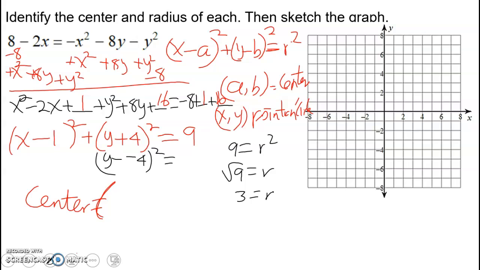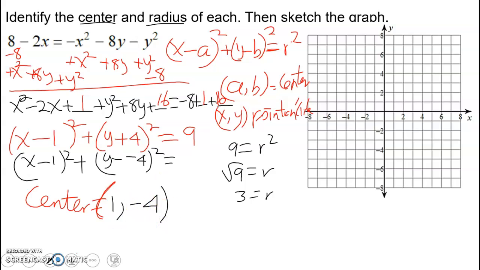Okay? If we are to write the equation, we leave the equation like that with 9. But if we are asked to find the radius and the center, then we have to find that radius by taking the square root. So the center here is going to be 1 for x and negative 4 for y.